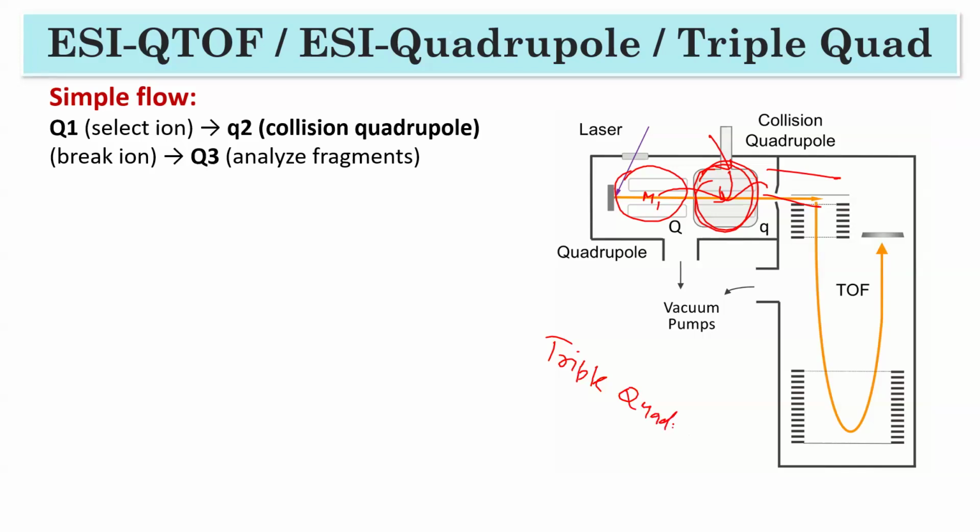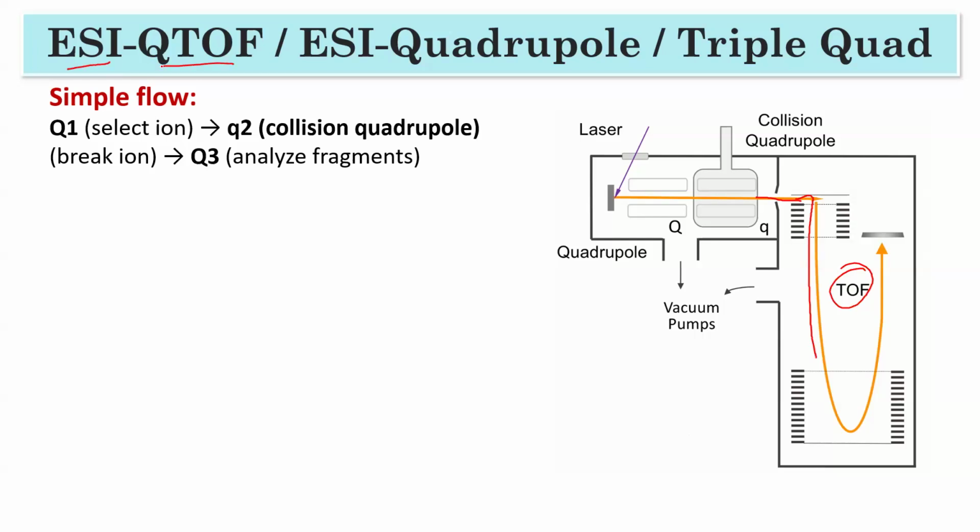Then again you will be analyzing mass, and then it goes to the detector. But in this case, there is no third quadrupole, but you have a TOF. That's why the name is ESI Q-TOF. I hope you understand.